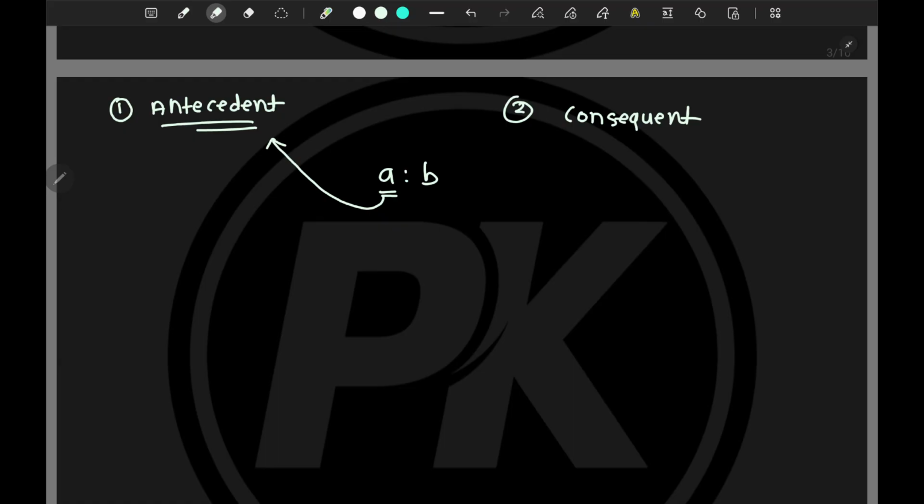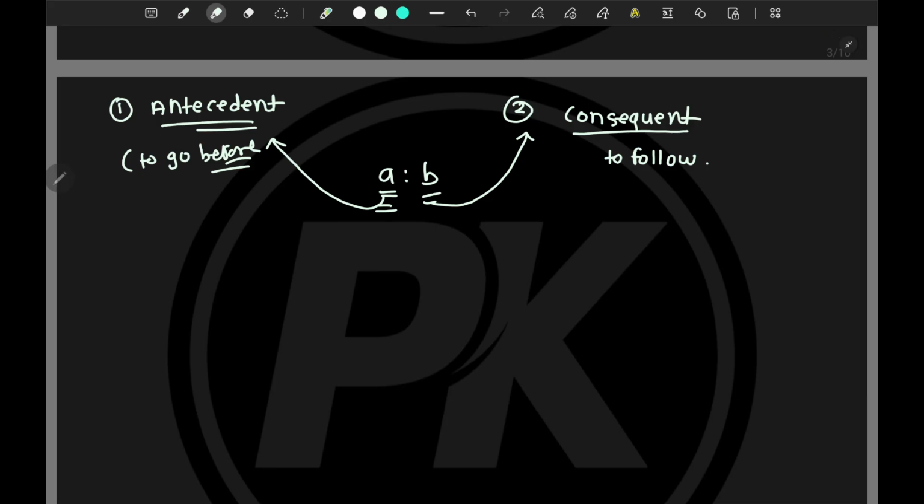Antecedent means a leader. It is a Latin word. And the second term is called the consequent. Consequent is also a Latin word, and its literal meaning is to follow. Antecedent's literal meaning is to go before. So the first one we call antecedent, and the second one we call consequent. This one is clear.